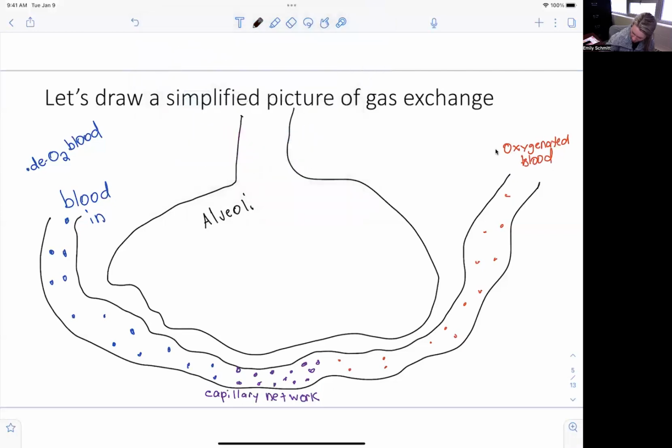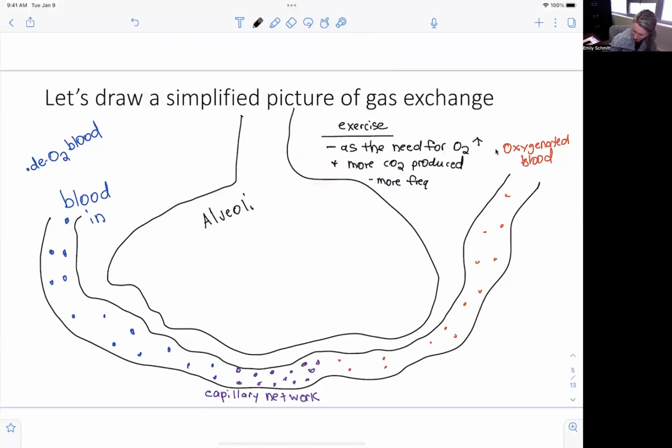Now, let's talk about exercise really quickly. And we know that as the need for oxygen increases and you have more carbon dioxide produced because of exercise, you are going to have more frequent gas exchange between your lungs and your blood.